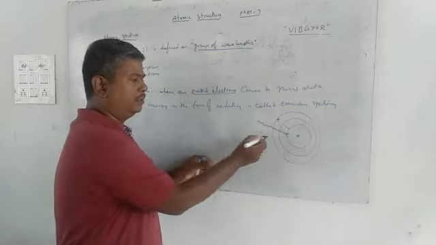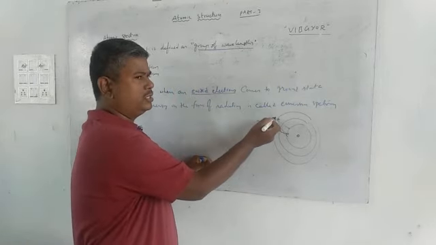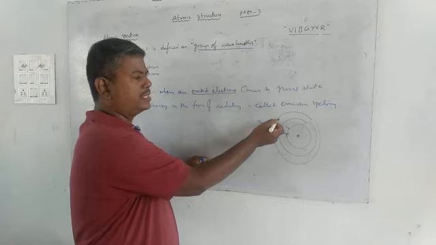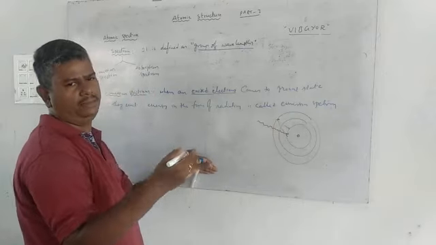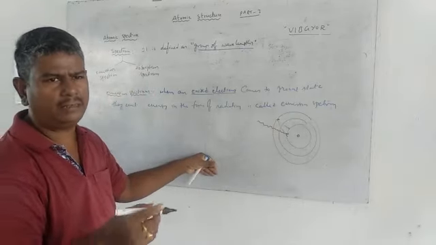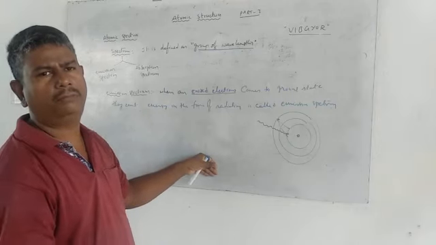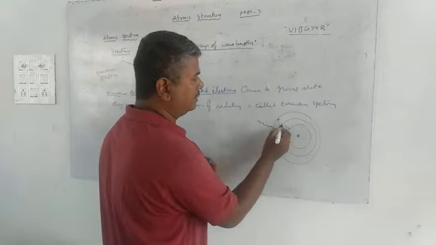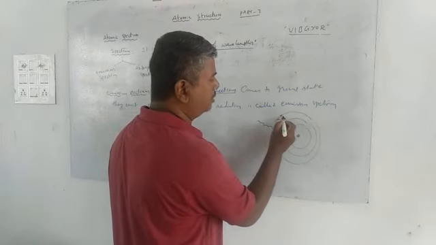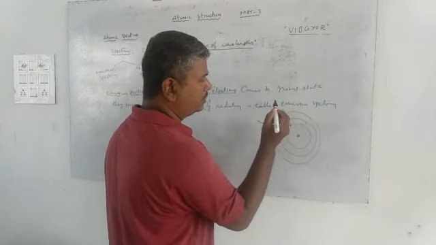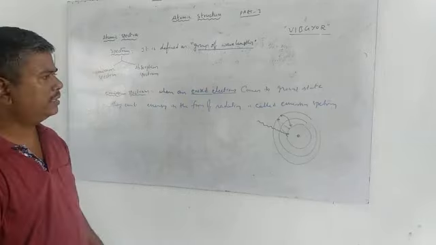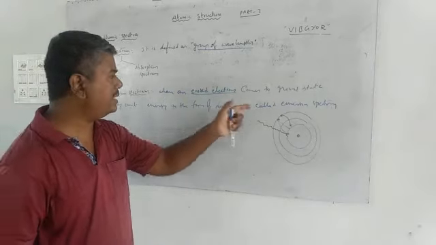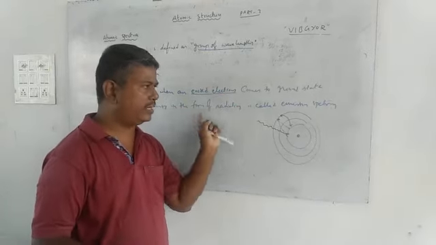Whenever the electron jumps into a higher state, it is unstable there. So the electron wants to return to its ground state, and it radiates energy in the form of radiation.